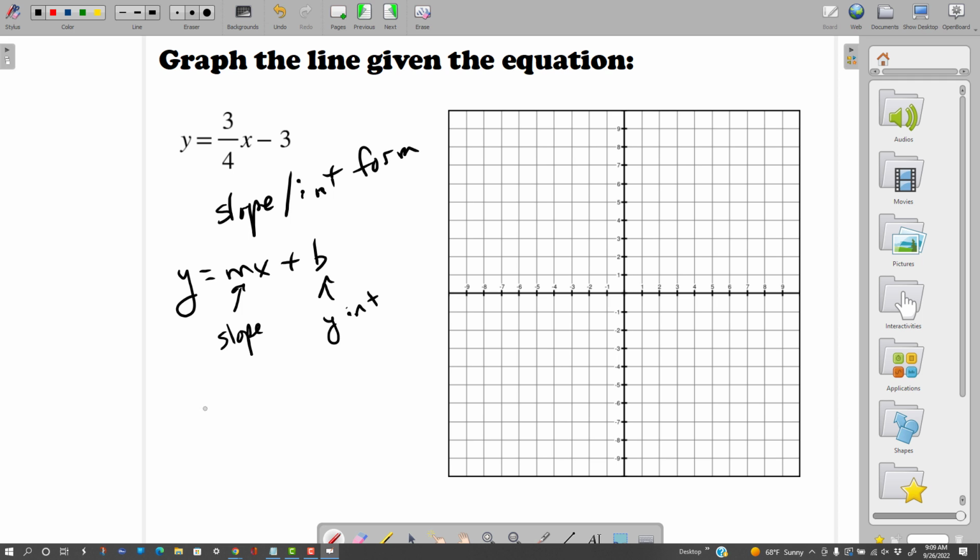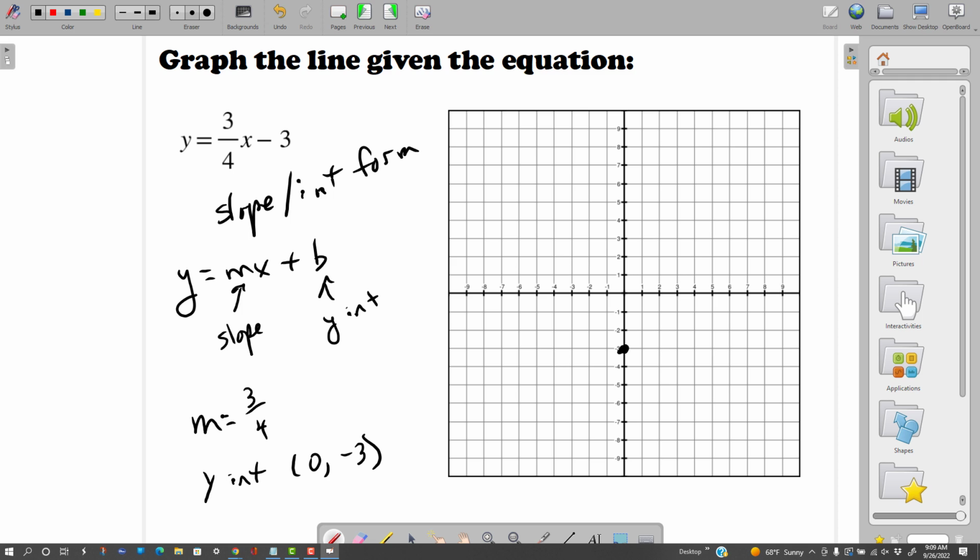So here my slope is 3/4, and my y-intercept is the point 0, -3. So I'm going to plot my starting point 0, -3.